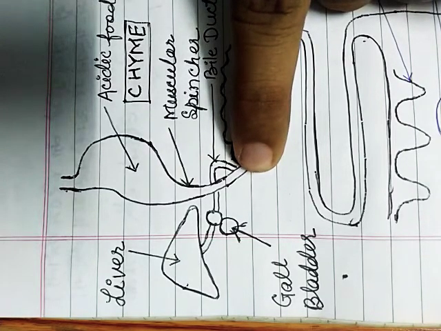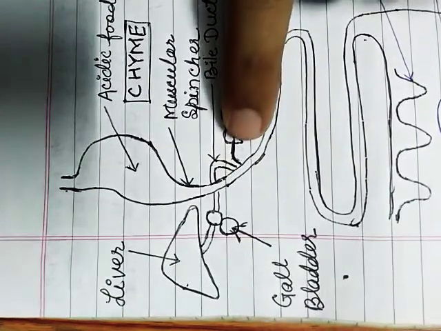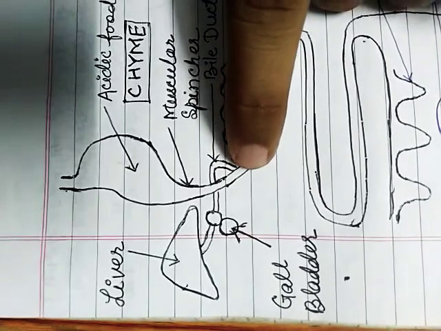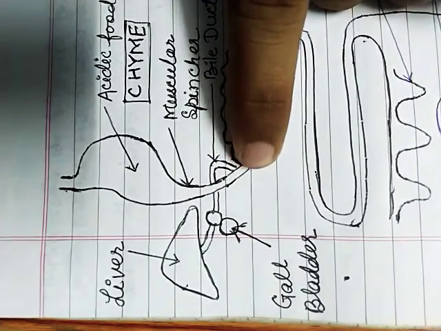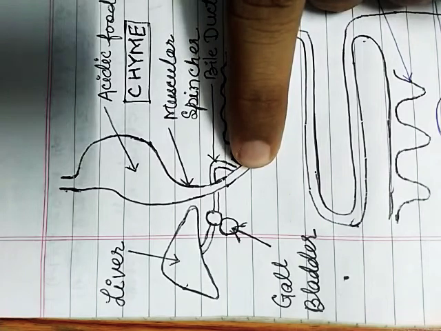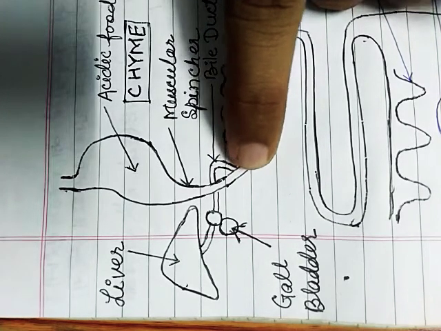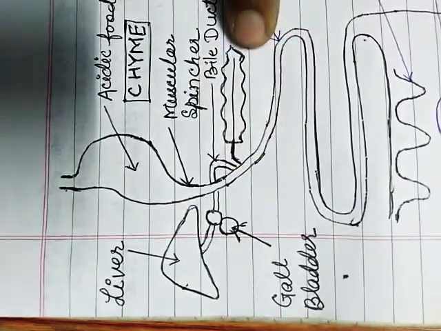This process is known as emulsification, and this favors the digestion of the fat by the pancreatic juice. Another thing is that bile juice is also a process of excretion of certain harmful material from the body.